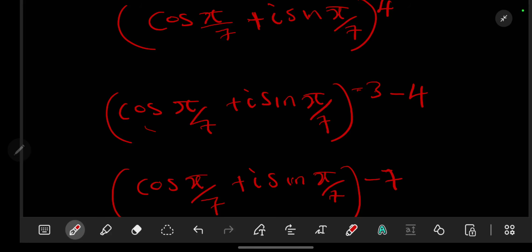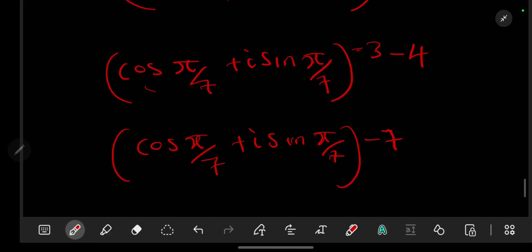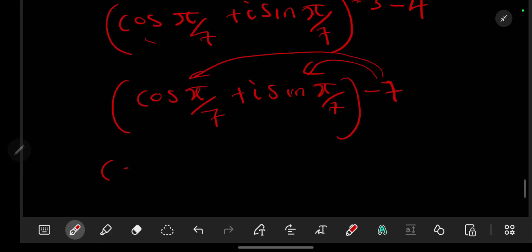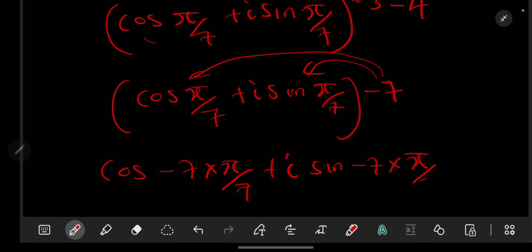Now we are not done. If we have simplified it, that simply means just retain this value there. So it will be cos of negative 7 by pi over 7 plus i sine of negative 7 by pi over 7.